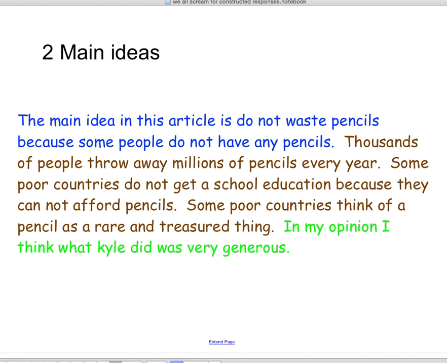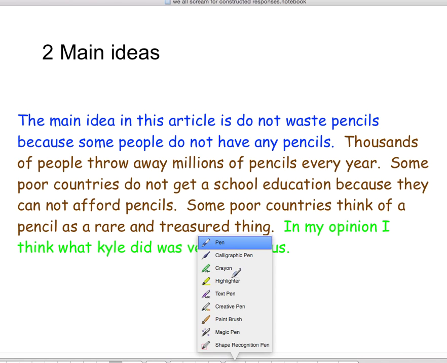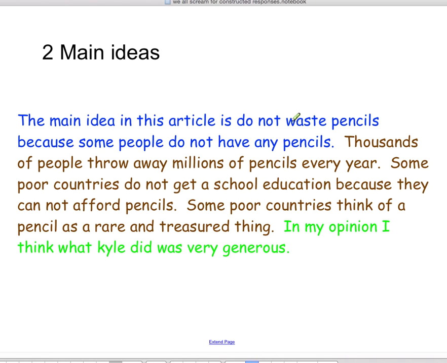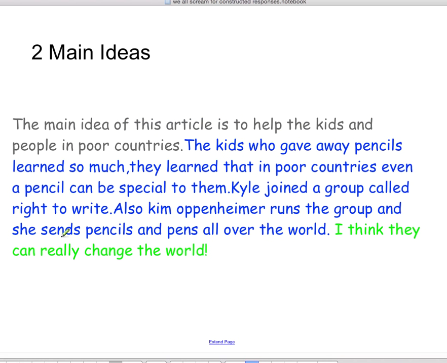So this student said that the main idea in this article is do not waste pencils because some students do not have any pencils. So they said that their main idea is do not waste pencils because some students or some people do not have any pencils. That's awesome. That definitely was a main point in the article. Let's look at this student.